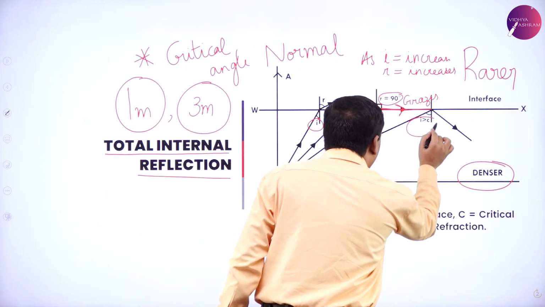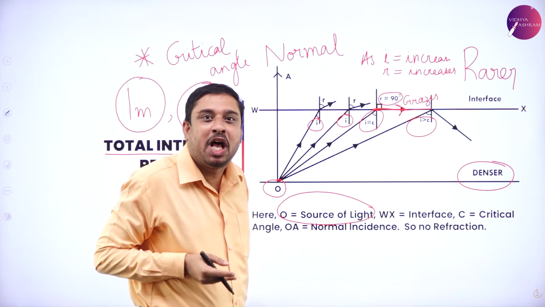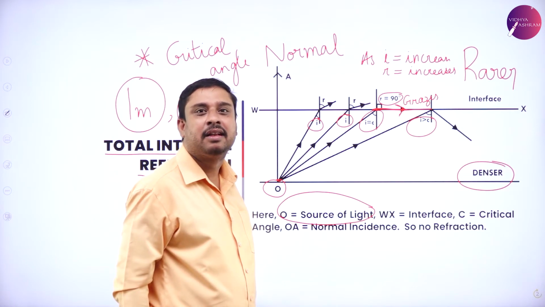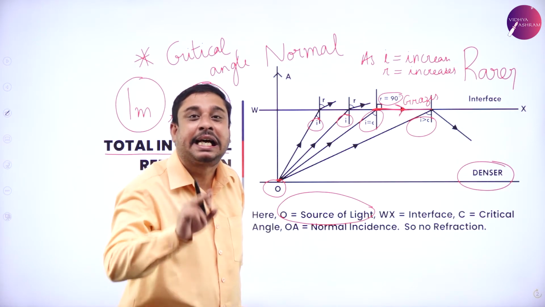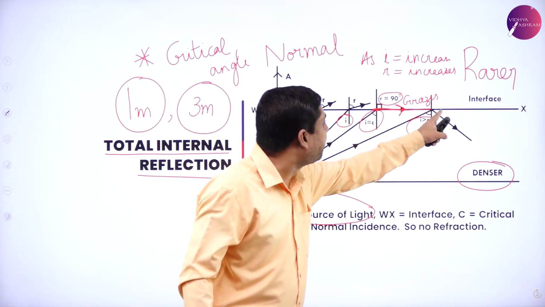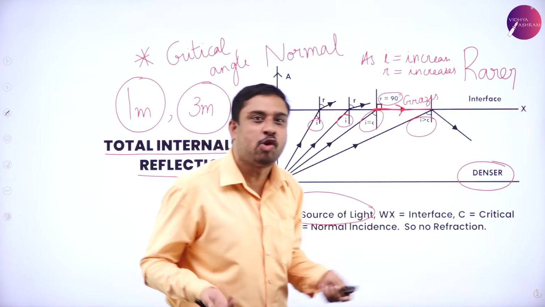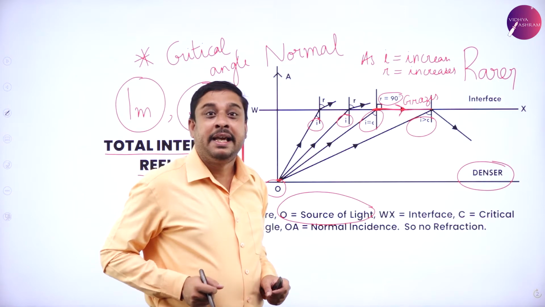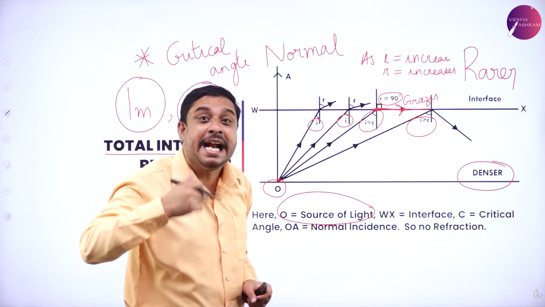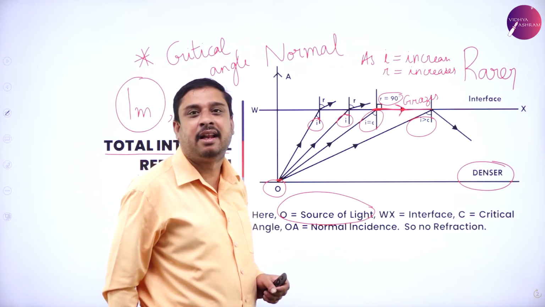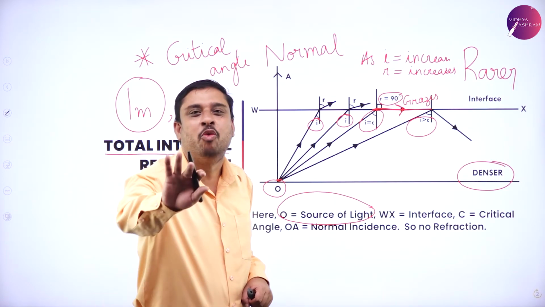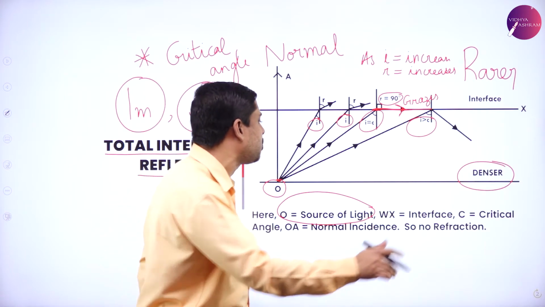Now, what more? If the angle of incidence is equal to the critical angle, the refracted ray will graze over the surface. What if the angle of incidence is greater than the critical angle? Further bending is required, which means now no more refraction.